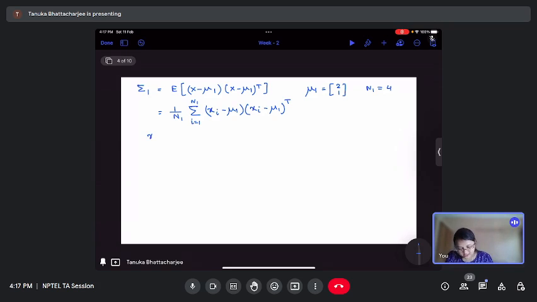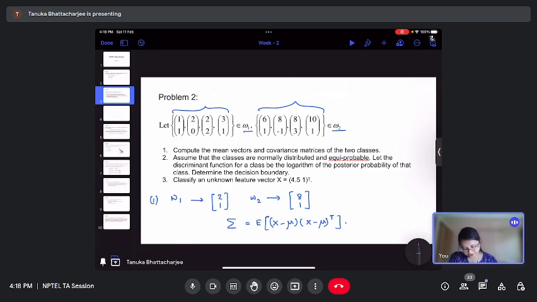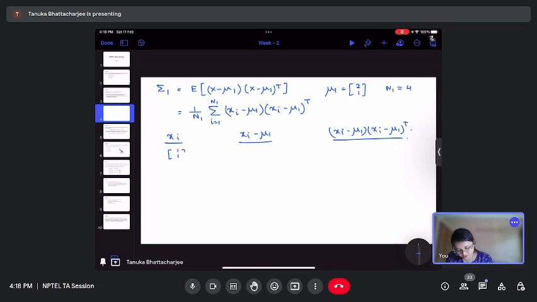So, we can simply compute it in detail for one of the classes. The first data point in class omega 1 is (1,1). If you subtract the mean out of it, it becomes (-1,0).